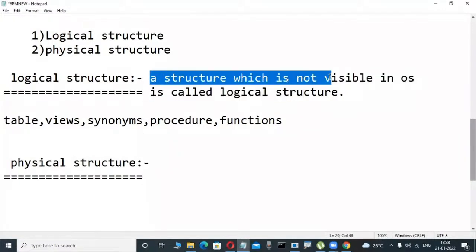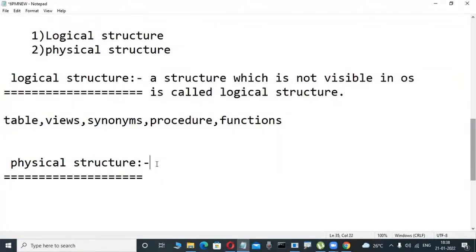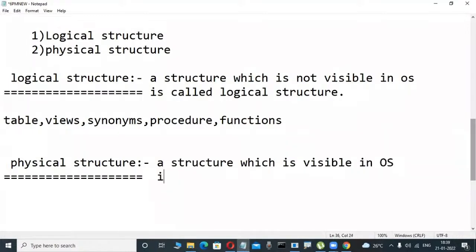A structure which is visible in the operating system, which is visible in the OS, is called a physical structure.